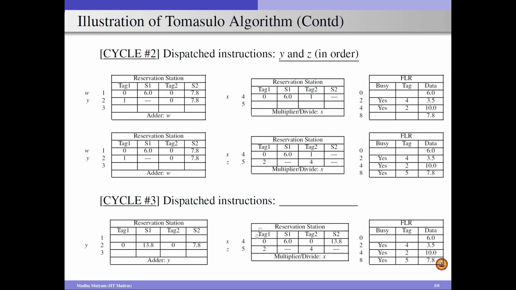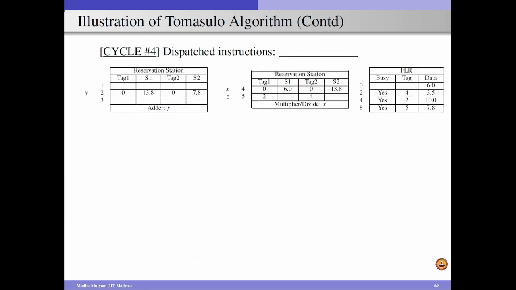Similarly, in the multiply reservation stations, the first instruction has both operands ready, 6 and 13.8. So this multiply operation also can be performed in this cycle. Because the add instruction started executing in cycle 3, it is going to take 2 cycles to complete. So as a result, in the 4th cycle we cannot get any output.